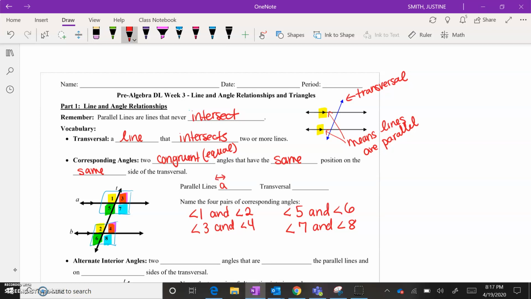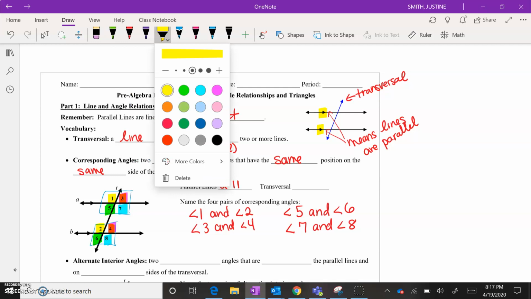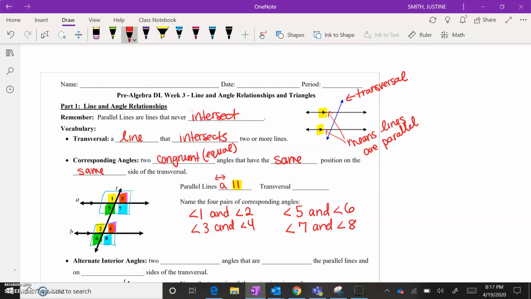So I know that I'm talking about line A. And then for parallel lines, the notation for that is basically these two parallel lines here. Okay, so this means parallel. Okay, so line A is parallel to line B.